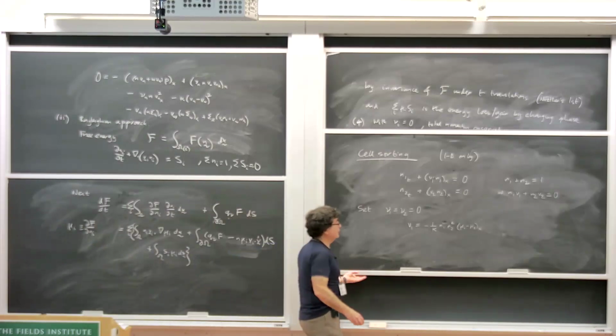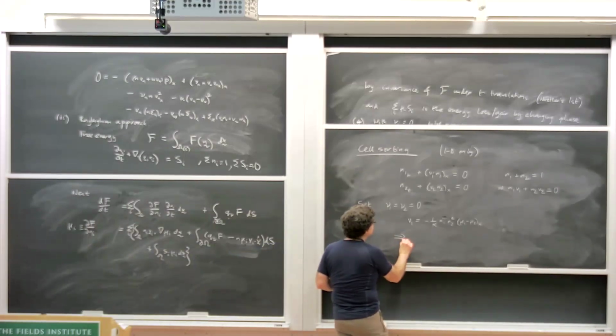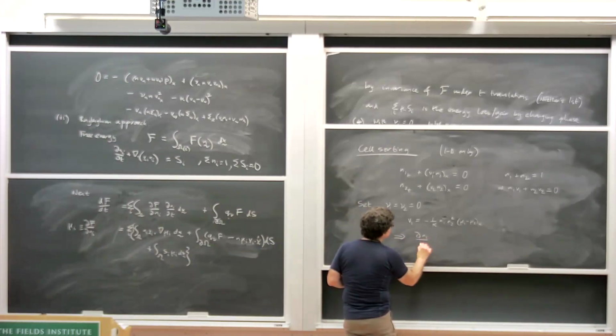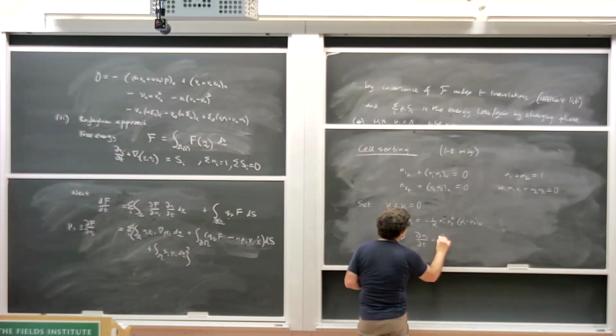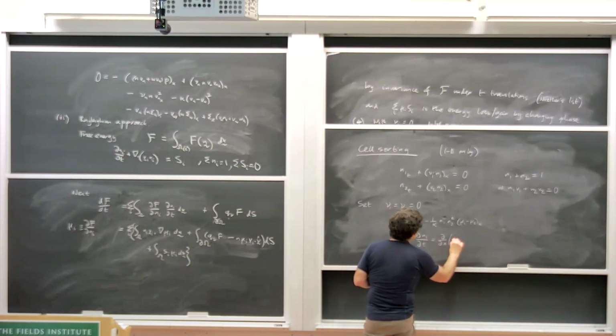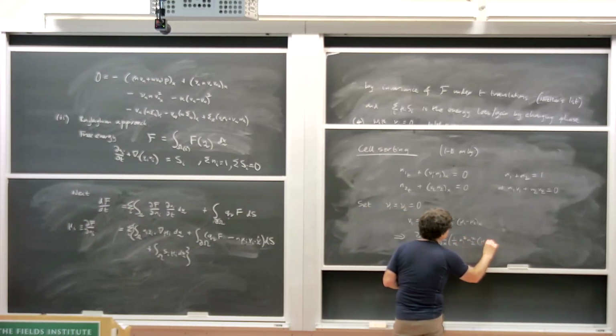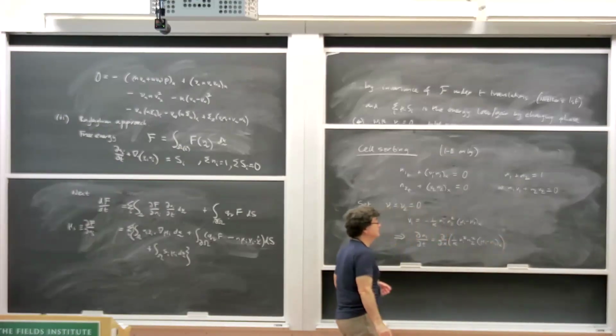Okay, so the equation you end up having for N1 is dN1 by dt is d by dx of 1 over kappa. And now the symmetry between the two cell types comes in, as you know it must do.